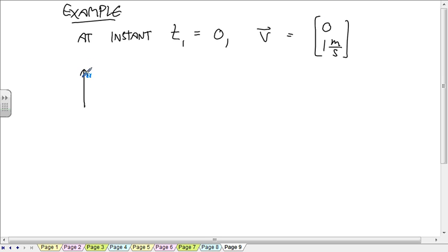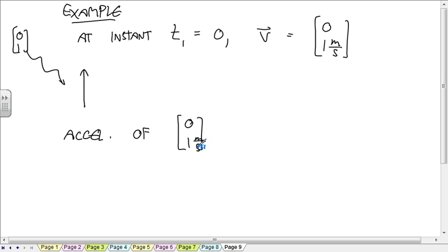So that's 0, 1. And let's say that at instant t2, and let's say that that's 1 second. No, sorry, erase that. Let's say that we have an acceleration of 0, 1 meters per second squared.